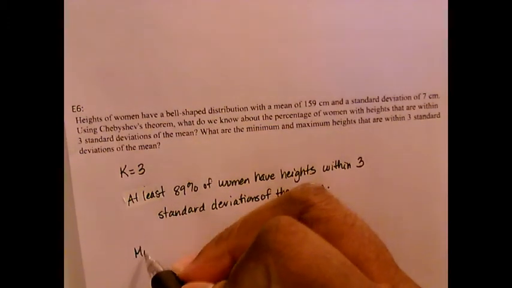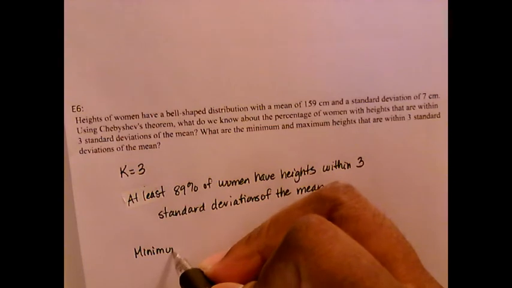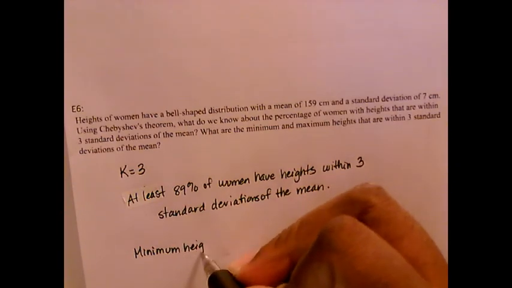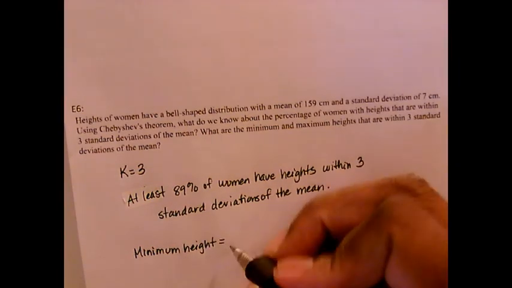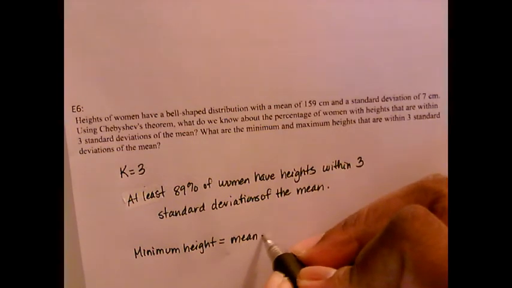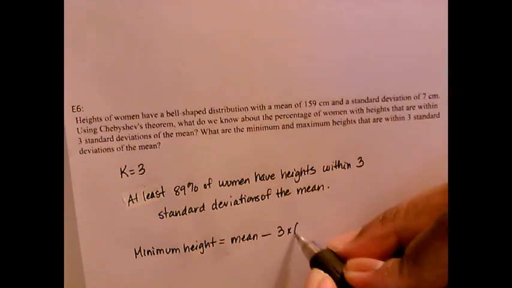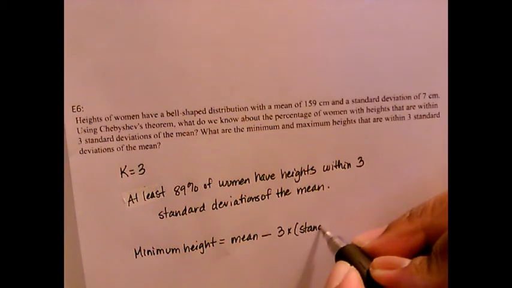Okay, so now let's find the minimum height. And that's going to be the mean minus 3 times the standard deviation.